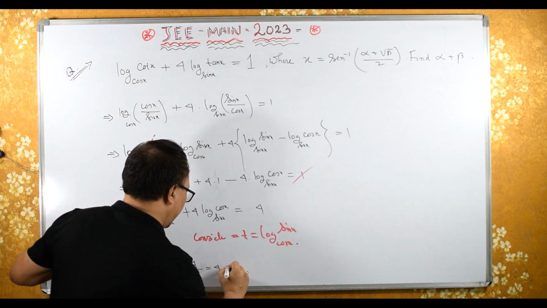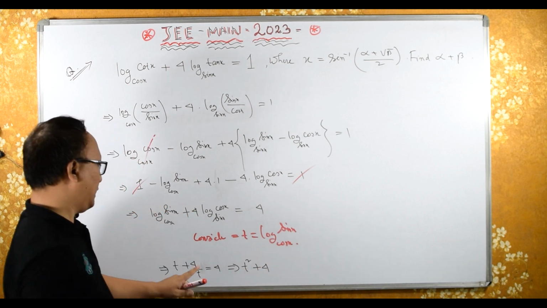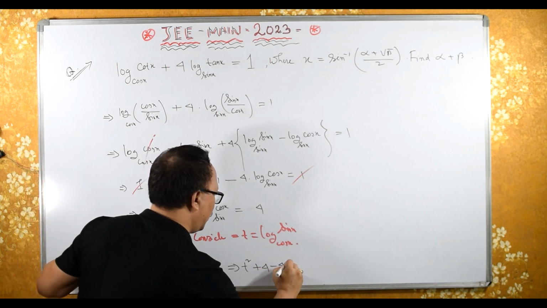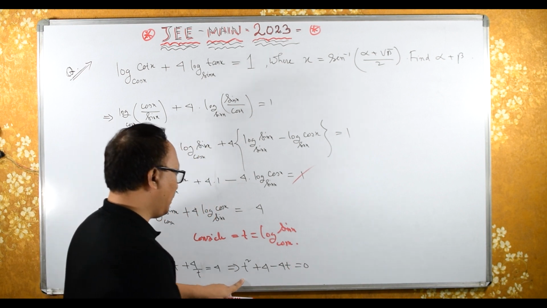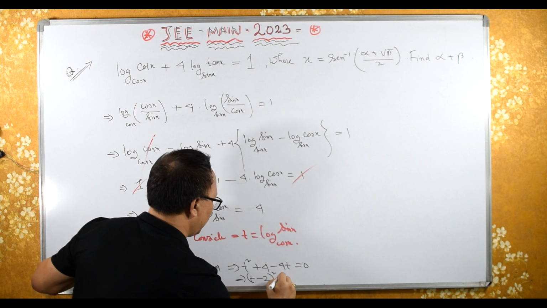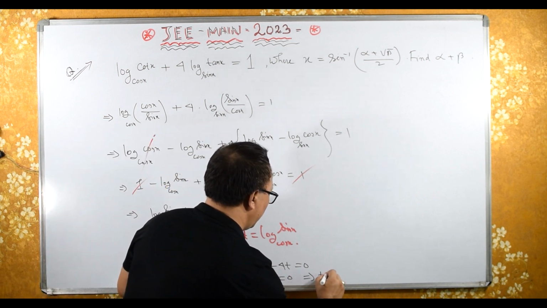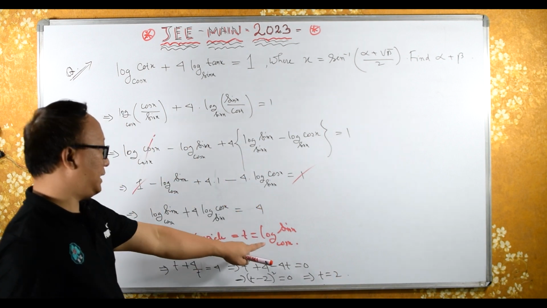Now take LCM. This become t square plus 4, okay, minus 4t is equals to 0. This is what? This become t minus 2 the whole square equals to 0. Is implies t equals to 2. Okay, what is t? Okay, t is this.